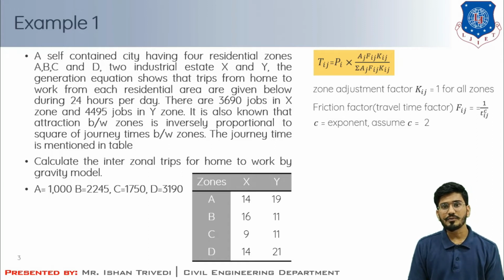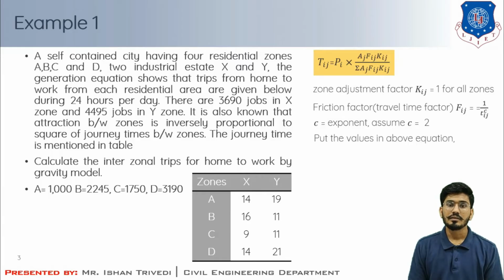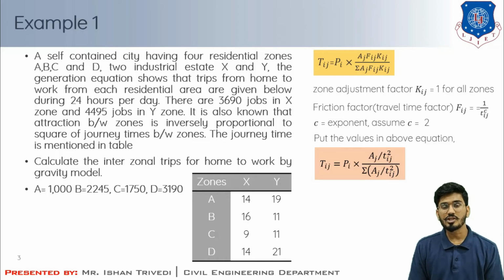If I put this in the equation, then Tij is equal to Pi into Aj upon Tij square, upon the summation of all those trips attracted and their journey time square, that is the summation of Aj upon Tij square. Here you can relate Aj and Tij by this equation: the attraction between zones is inversely proportional to the square of journey time between zones. So we are satisfying the statement.